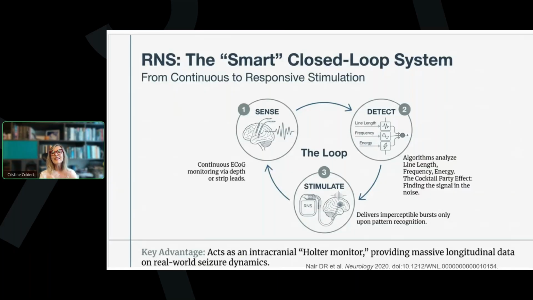The very nice thing about this technique is that it can sense, detect, and then stimulate. We have a very nice recording system, so we can not only treat these patients but understand the epilepsy much better as a whole.